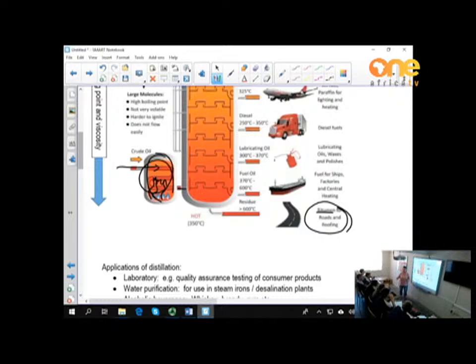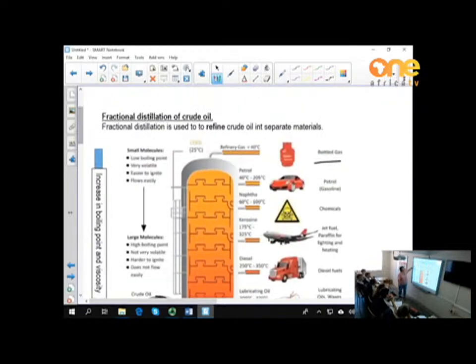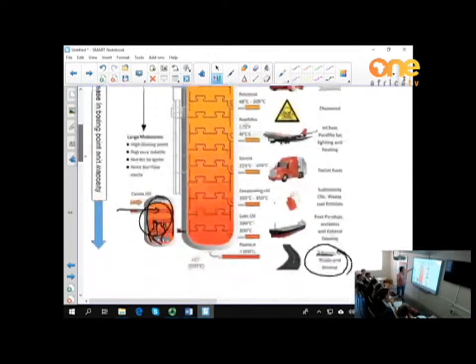Bitumen is another name for tar. They use that in road building. So in the petrochemical industry, all the fractions are used. Now, we'll come back to this fractional distillation of crude oil specifically when we do organic chemistry. That would be a little bit later on in the syllabus.